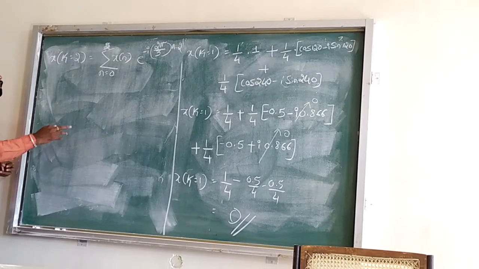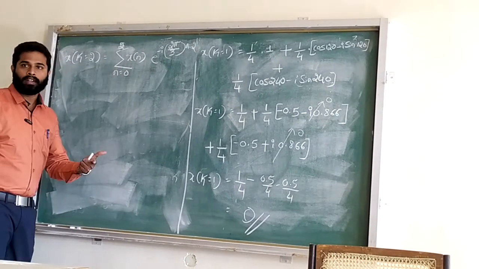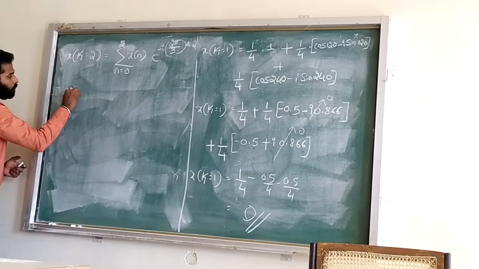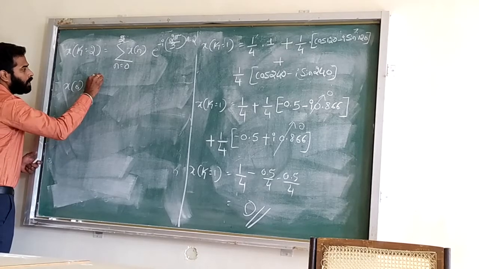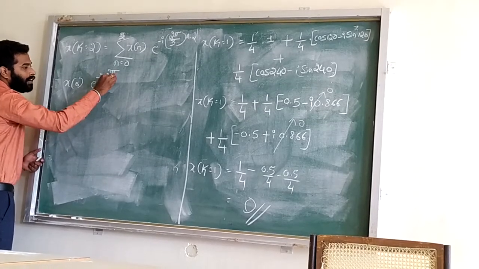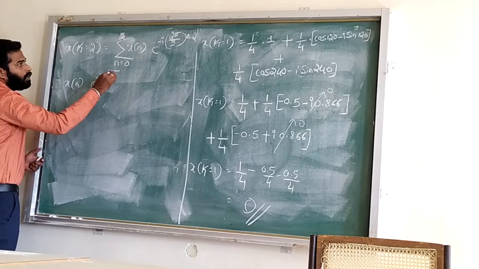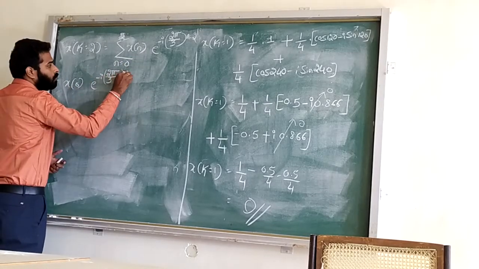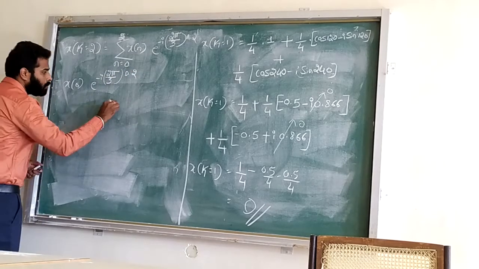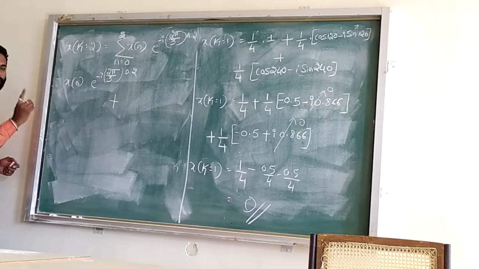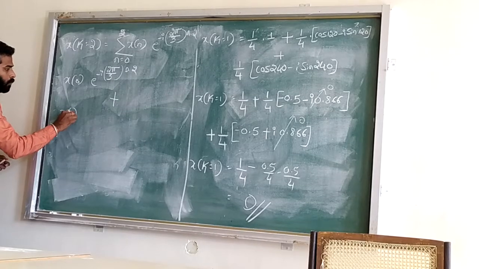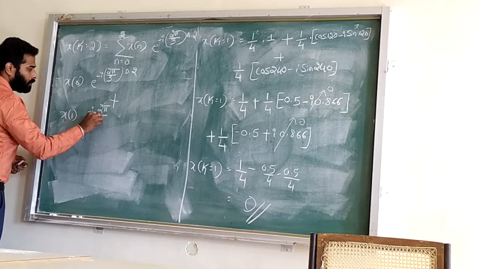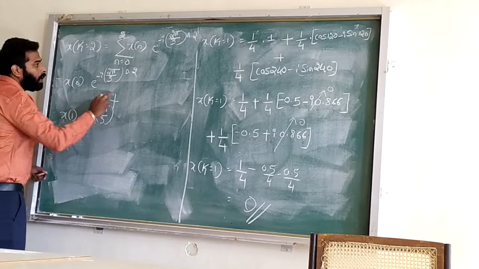In place of n, first we put 0, then 1, then 2. That is 0 to 2. So x of 0 e raised to minus I 2 pi divided by 3 into n into k. So now n is equal to 0, into 2. This is the first term. Plus in place of n we put 1: x of 1 e raised to minus I 2 pi divided by 3 into n into k.